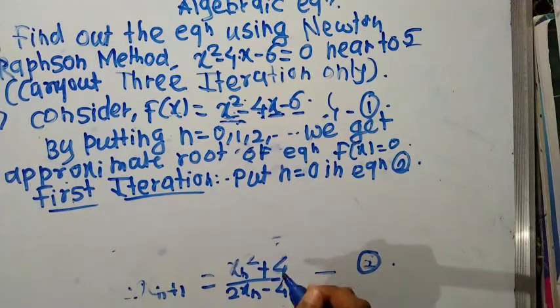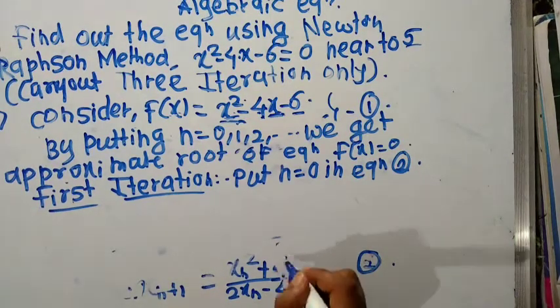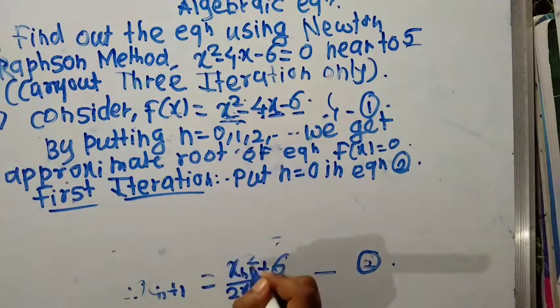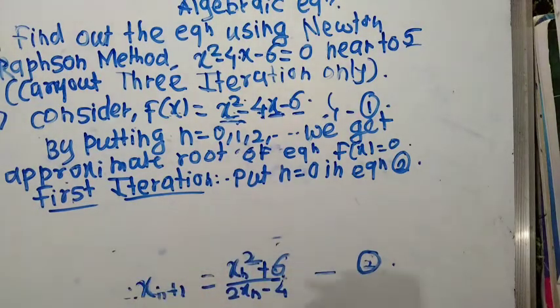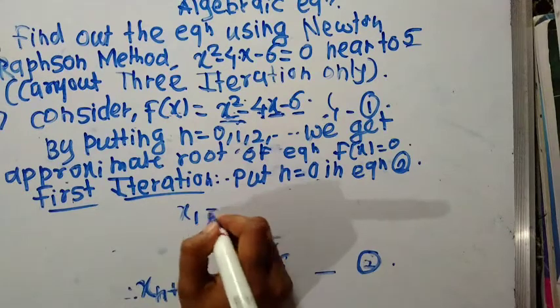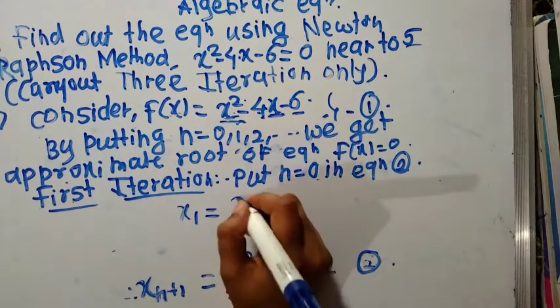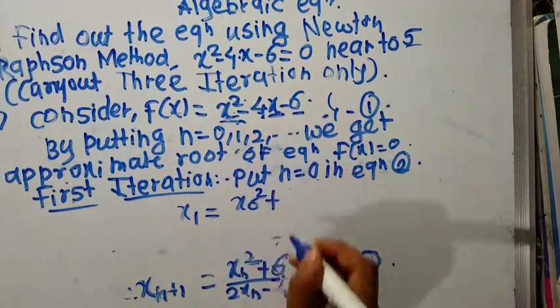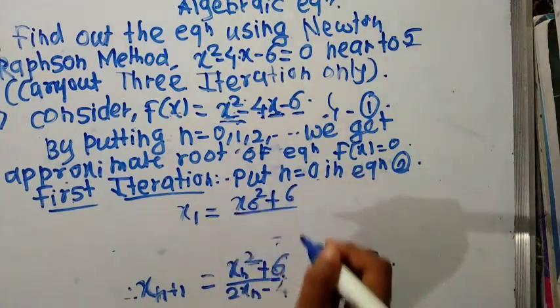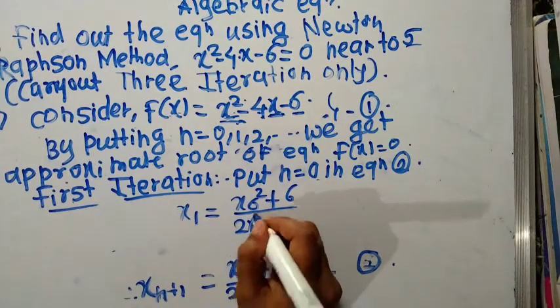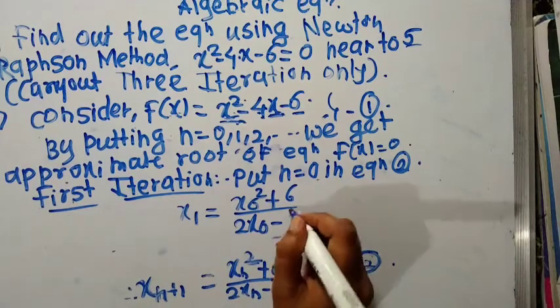So 0 plus 1 is 1, so x1 is x0 square plus 6 divided by 2x0 minus 4.